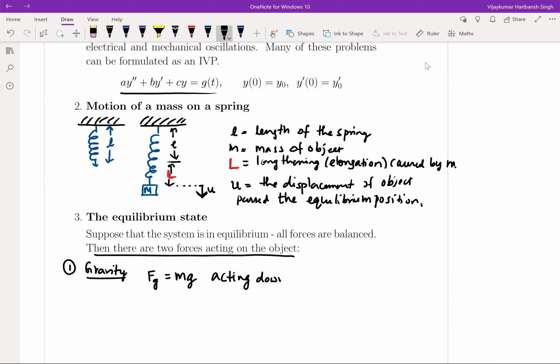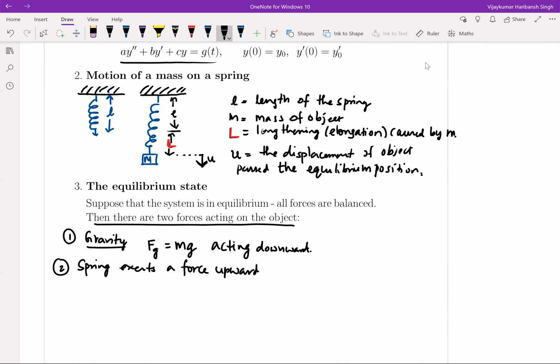And now once the spring gets stretched, of course, it will try to pull it back up, right? So the second force is that the spring exerts an upward force. And that is given by Hooke's law.